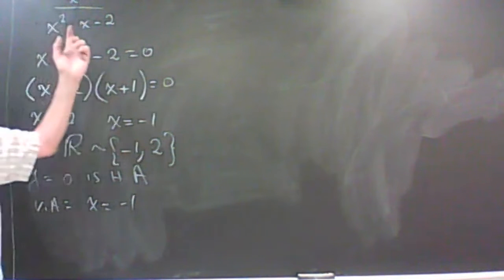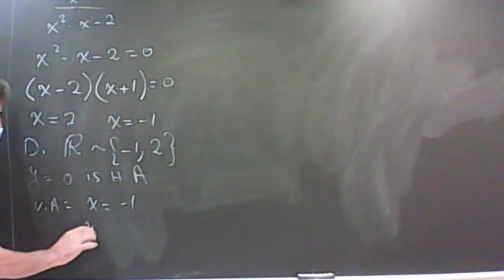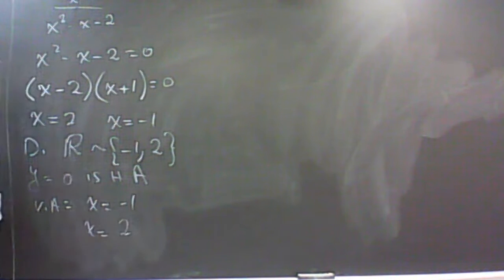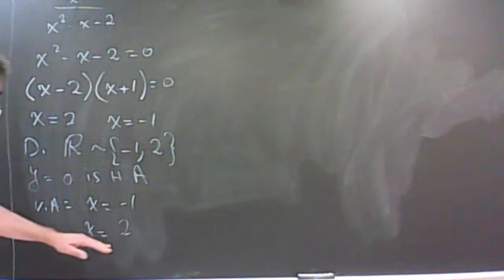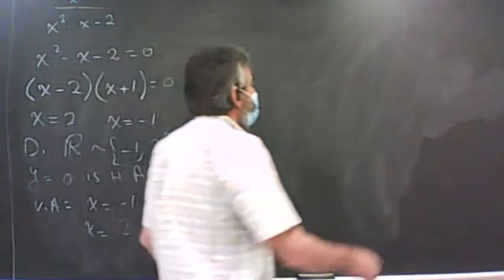How about 2? If you put 2 for x in the numerator, do I get 0 in the numerator? No, so that means it is an asymptote, right? So x equals 2 is an asymptote. So we have those two asymptotes.